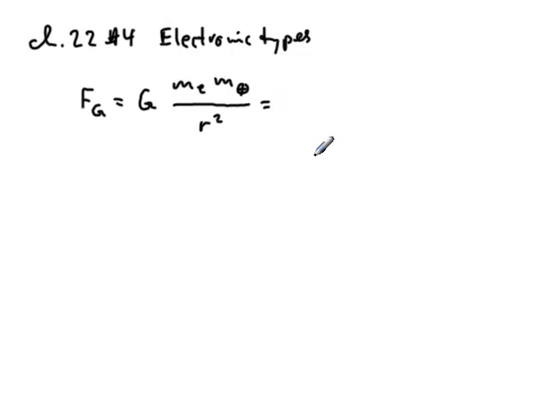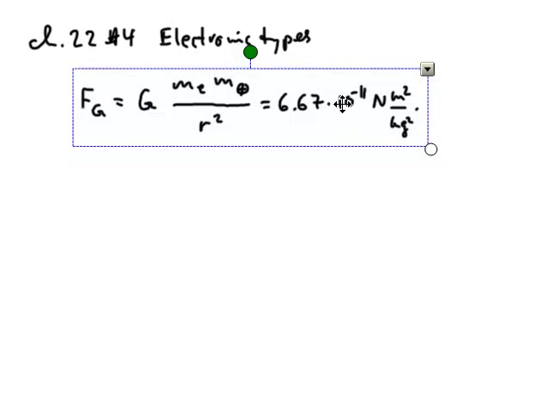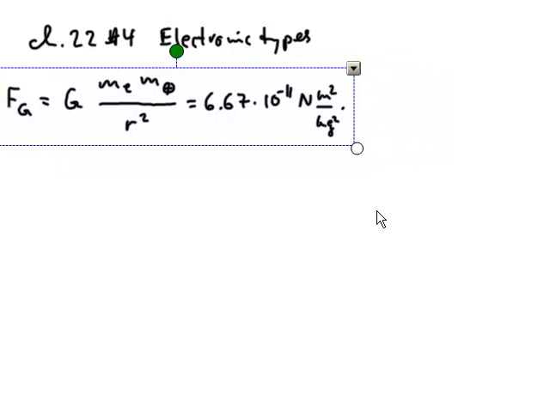And that equals the gravitational constant given as 6.67 times 10 to the negative 11, and really weird units, newtons times meter squared divided by kilograms squared times, and at this point I'm running out of space, so I'm going to push this all over here. There we go.